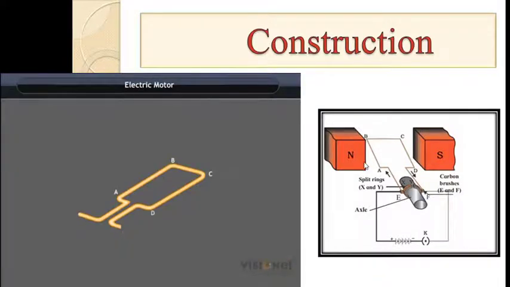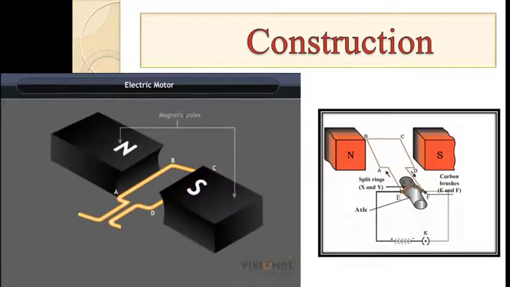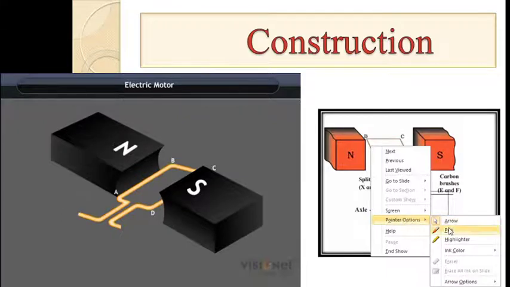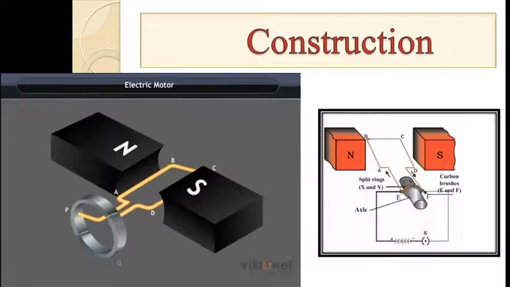This copper rectangular wire is placed between the north pole and south pole of a magnet in such a way that its branches AB and CD are perpendicular to the direction of magnetic field. So here branches AB and CD are the rectangular copper wire branches. They are perpendicular to the north pole and south pole of the horseshoe magnet.